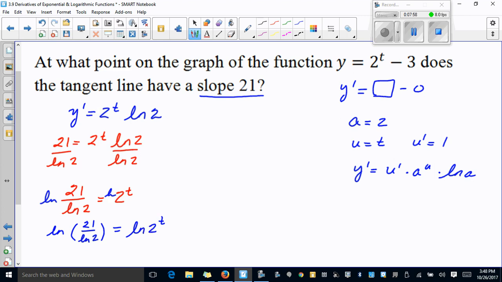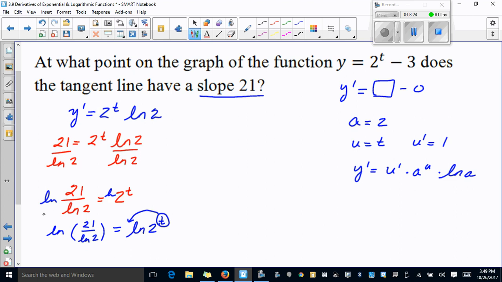So what you can do is take your exponent and move it down forward, because if you raise a power to a power, you just multiply the two powers. So now I have natural log of 21 over natural log of 2 equaling t natural log of 2.